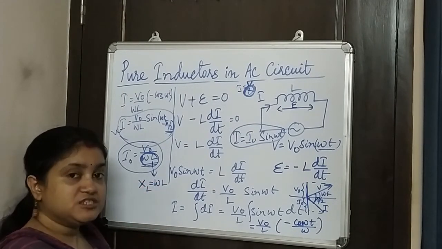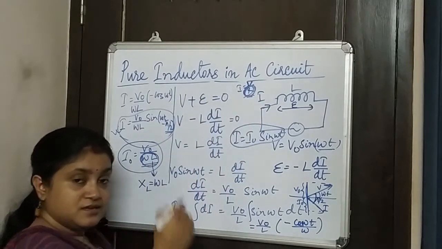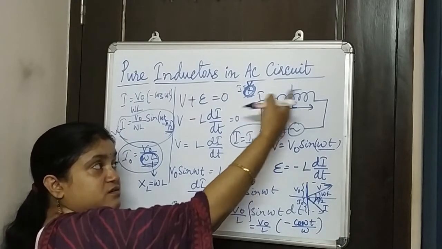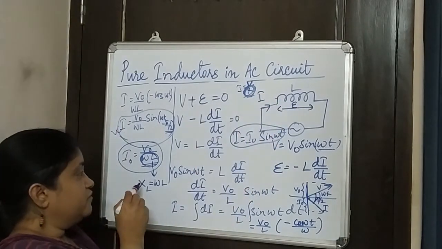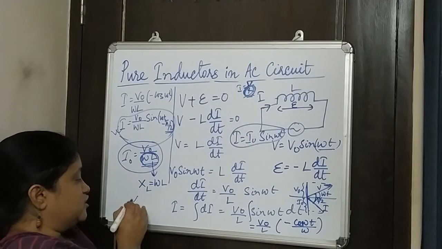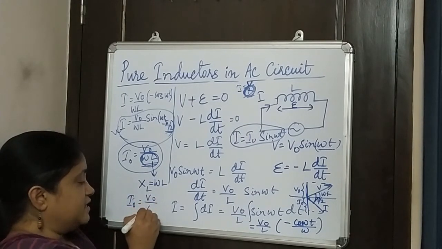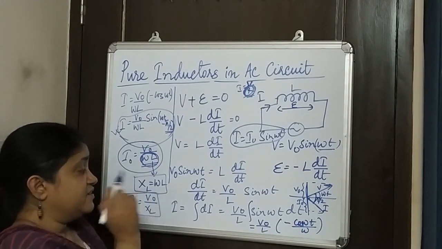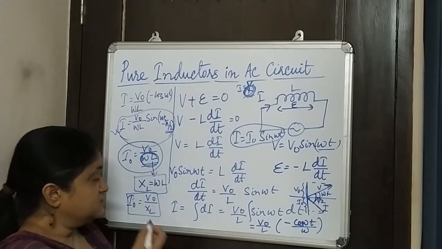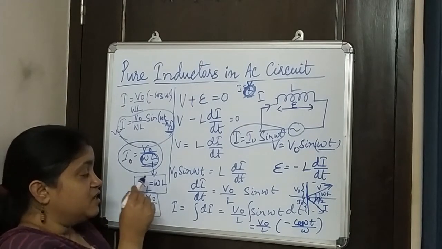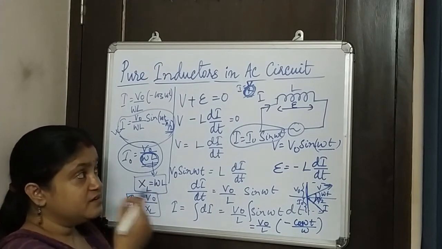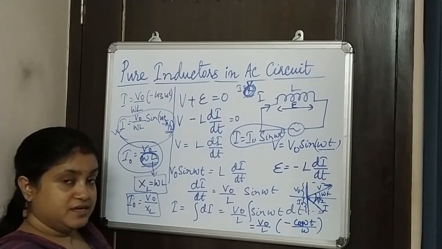This is very much like the resistance in resistors, but whenever we are putting the inductor, we will write this equation as I naught equal to V naught by XL, right? This XL is the inductive reactance, and it is given by omega, the angular frequency, into the inductance of the inductor.